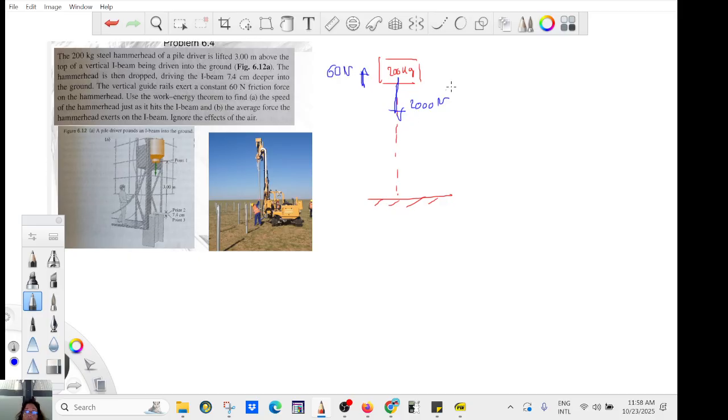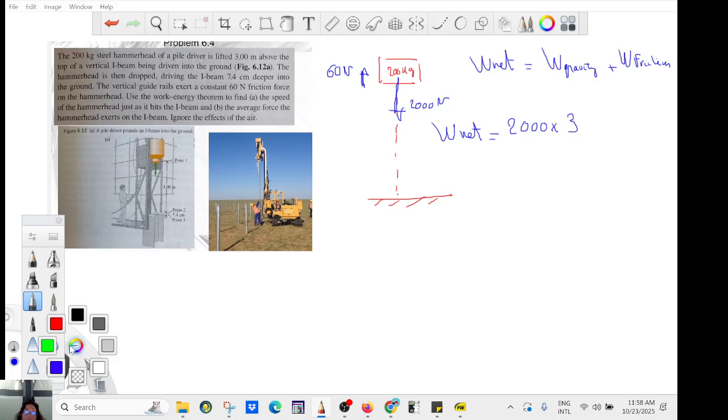Okay, so the net work done will be the work done by gravity and the work done by friction. The work done by gravity is easy, it's 2000 times 3.